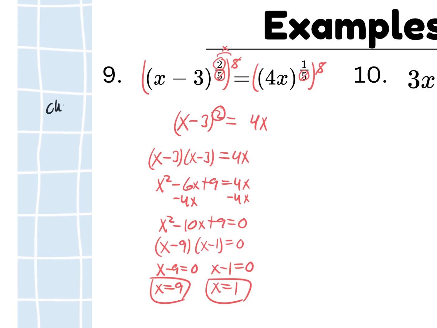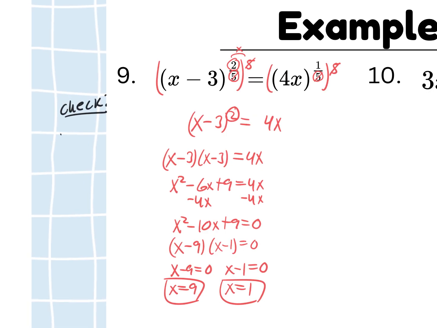So the check over here is going to be 9 minus 3. So I'll check x equals 9 first. So I get 9 minus 3 to the 2/5 equals 4 times 9 to the 1/5. So then 9 minus 3 is 6. I get 6 to the 2/5 equals 4 times 9 is 36 to the 1/5.